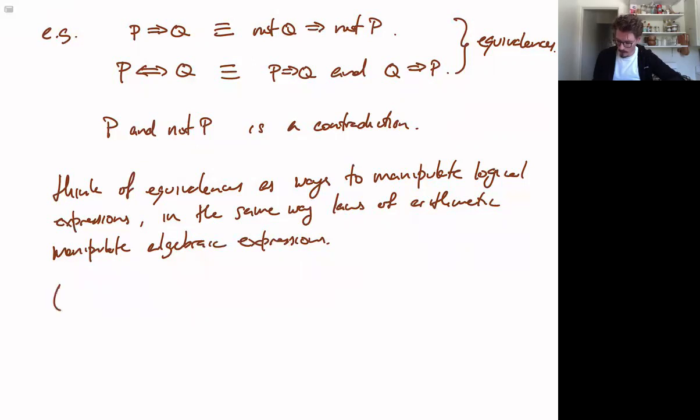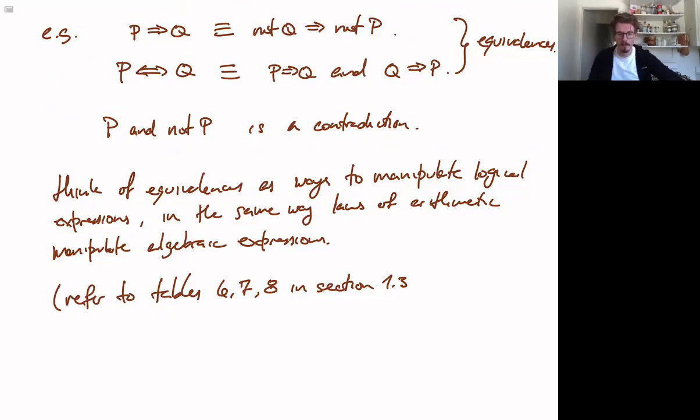And let me just say tables 6, 7, and 8 in section 1.3 in the textbook. You can refer to these tables for many, many examples. Those are good. I generally don't recommend that you memorize them because, first of all, exams and homeworks are going to be open book, so you can just go look right at them.